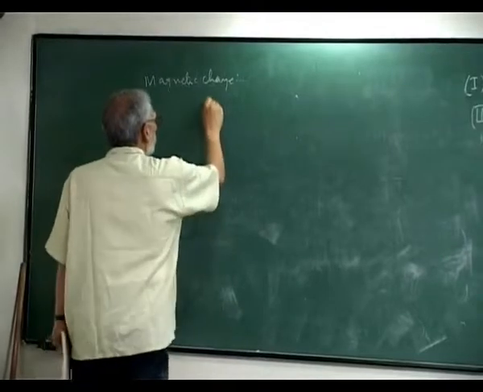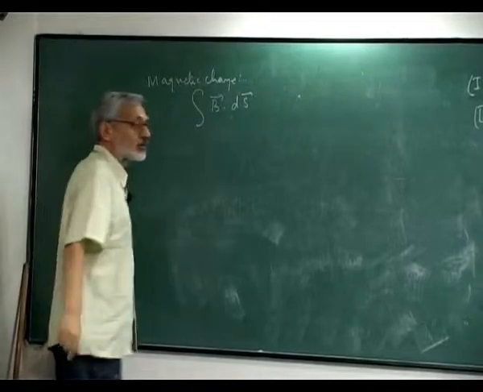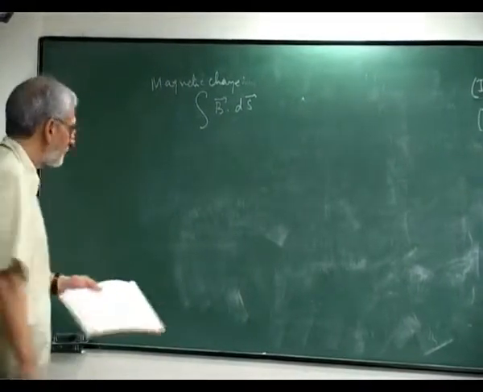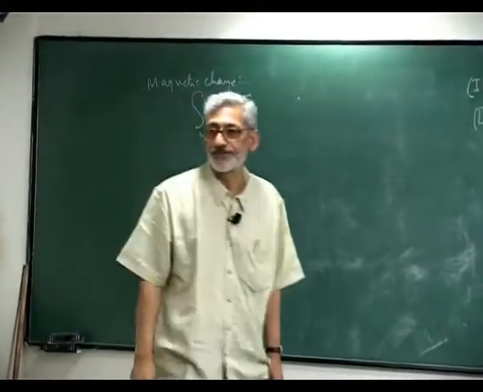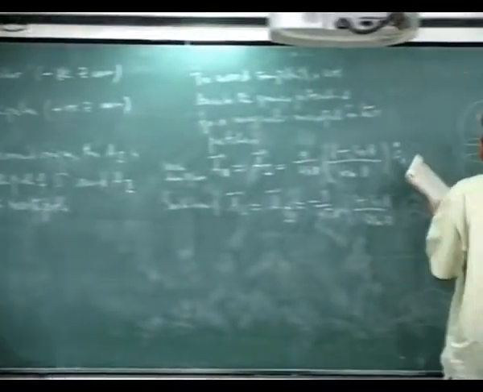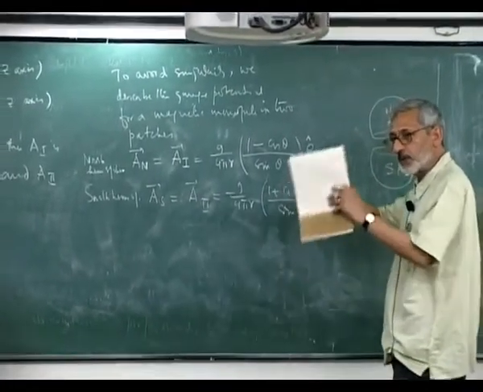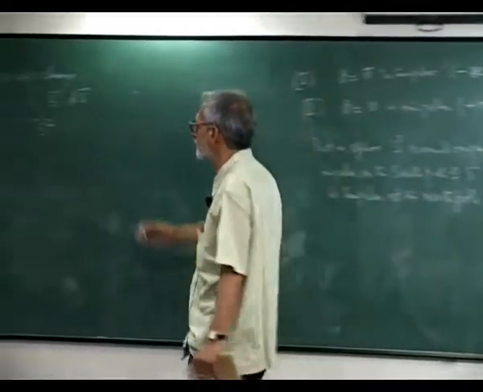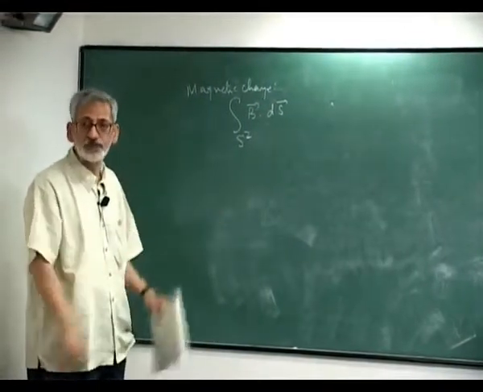You calculate the magnetic field B and integrate it over a closed surface, that particular S2. So I have an S2 around the magnetic monopole. I put a ball around the magnetic monopole. The ball has a boundary S2. Calculate B dot dS on the surface of this ball.